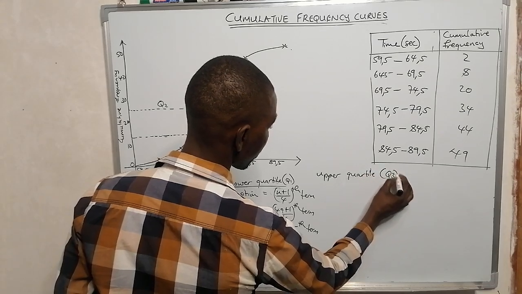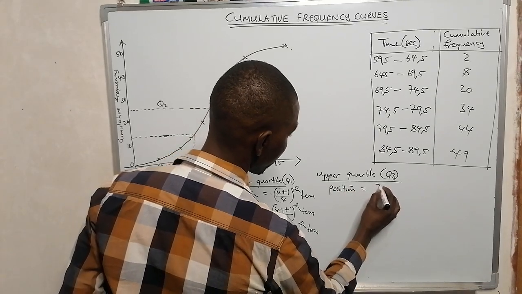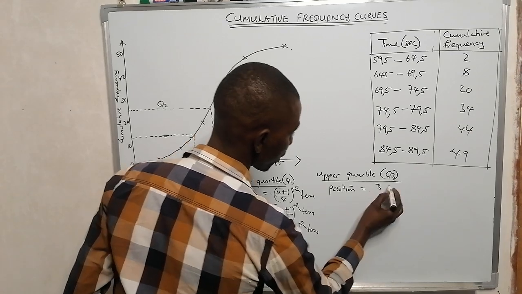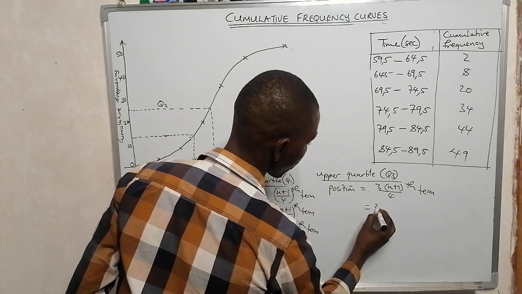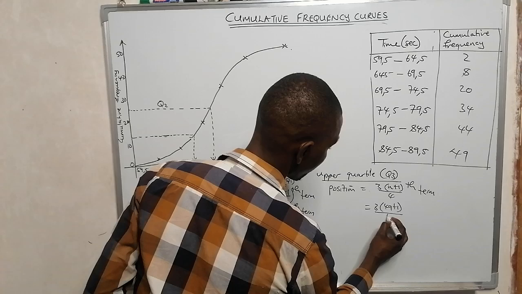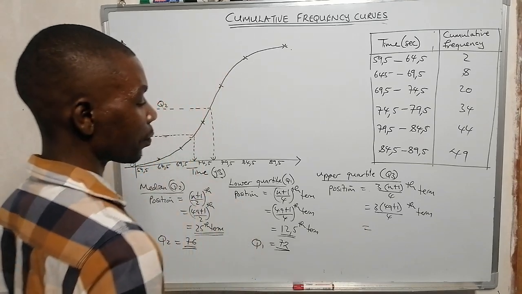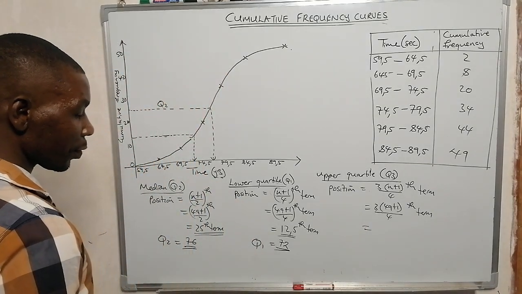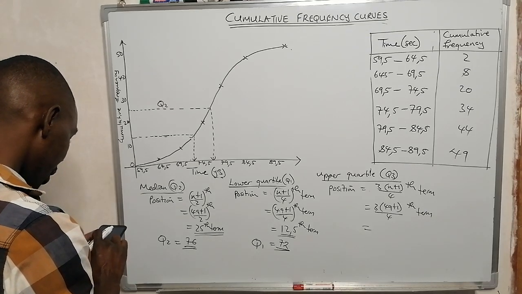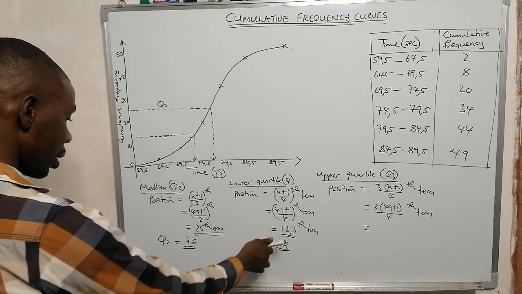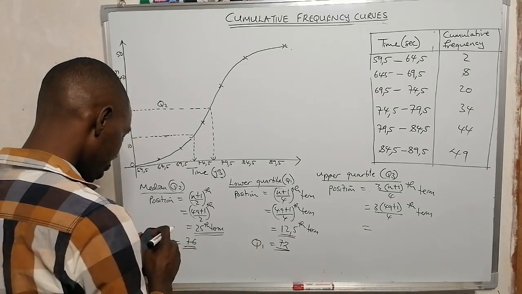which is the Q3 position, given by 3 times n plus 1 over 4, the term, which is equal to 3 times 49 plus 1 over 4, the term, which is 3 times 50, that's 150. 150 divided by 4, you can use your calculator, or you can just say 12.5 times 3, that will be 37.5, the term.